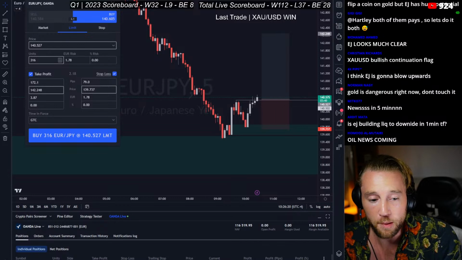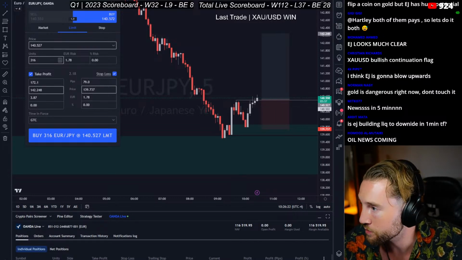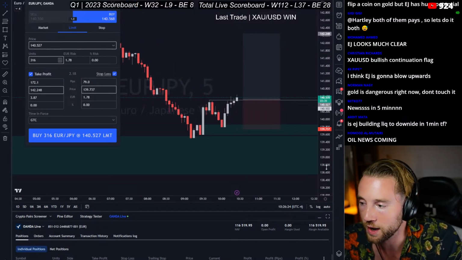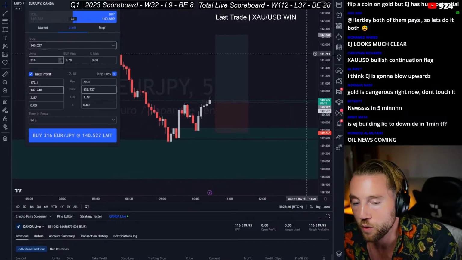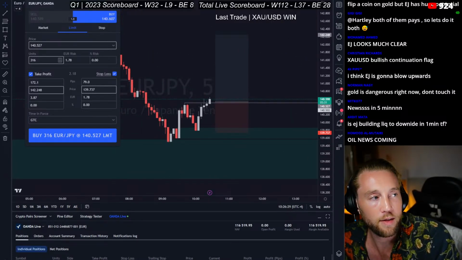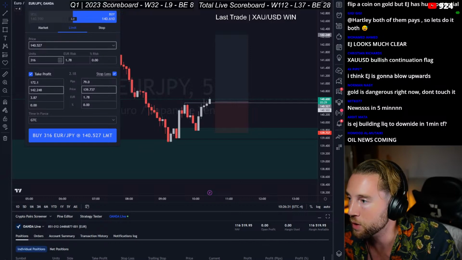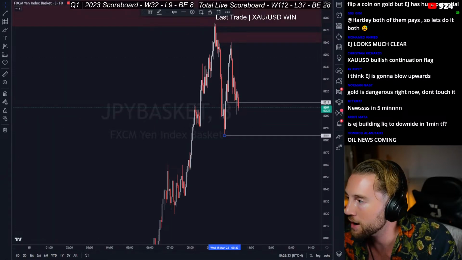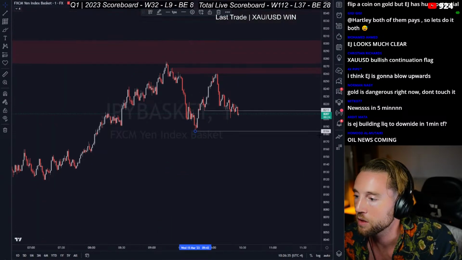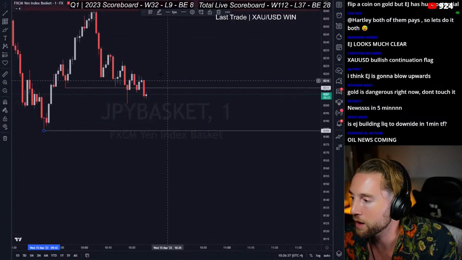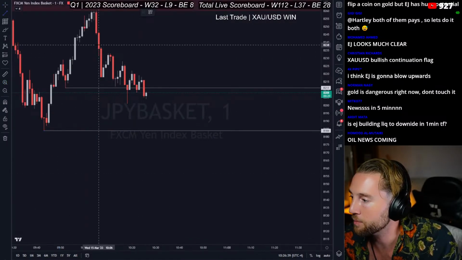Yeah, they're very similar. I have to agree, they're very similar. They're inversely correlated, pretty much, euro Japanese yen and gold. So yeah, it depends a little bit right now. Yet if you look, the yen is building some liquidity right now on the 1 minute. This is definitely liquidity building here.